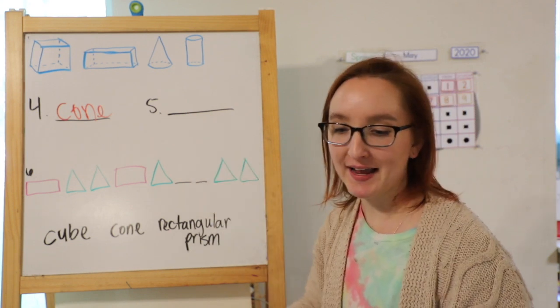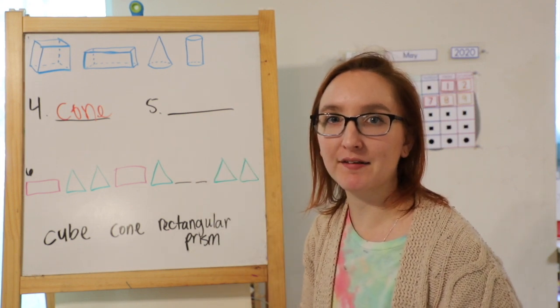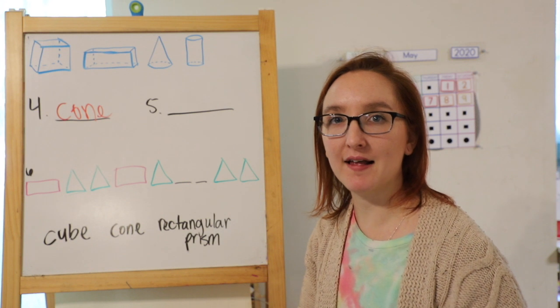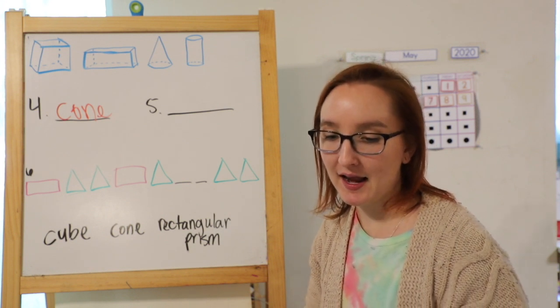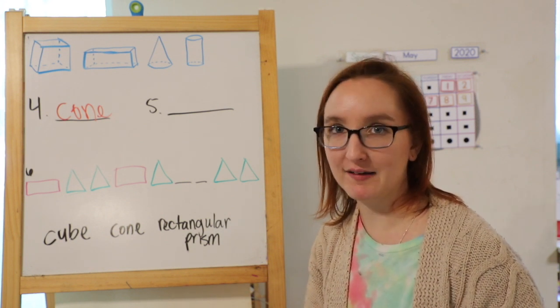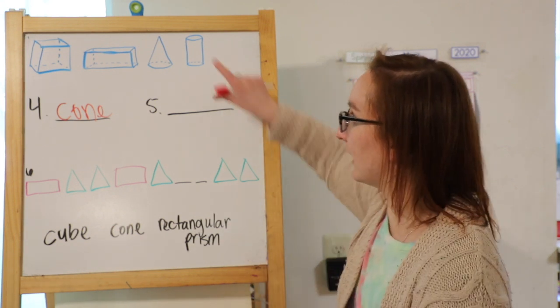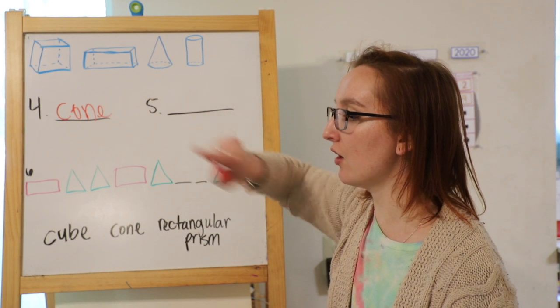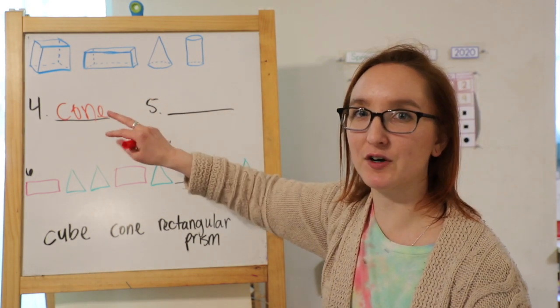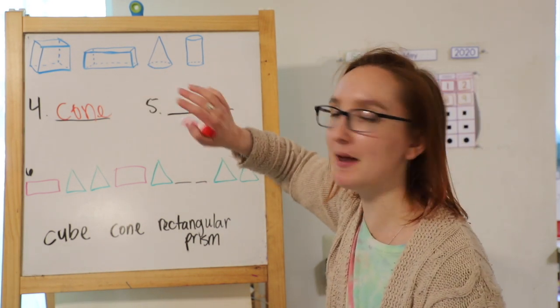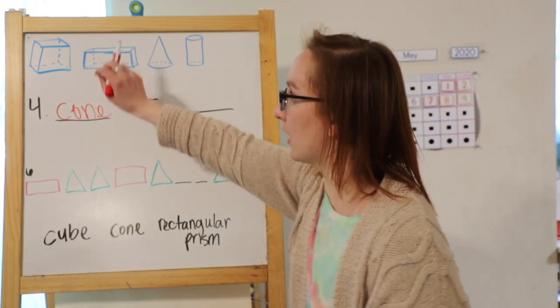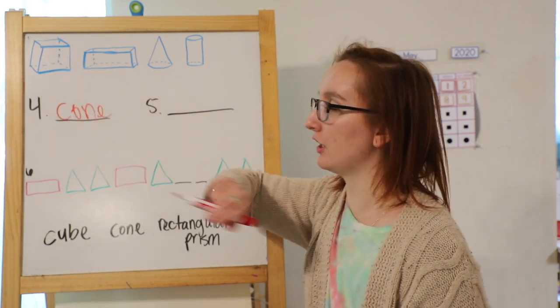Number 5, it says Latoya bought a box of tissues, and the box has 8 vertices, and all of the faces are rectangles. So what shape is it? So already we know that it can't be our cylinder or our cone because it has 8 vertices, and neither of these have that many. So it's either our rectangular prism or our cube.